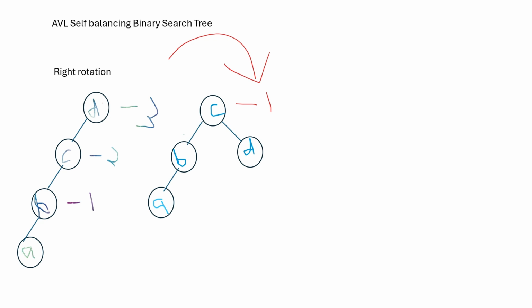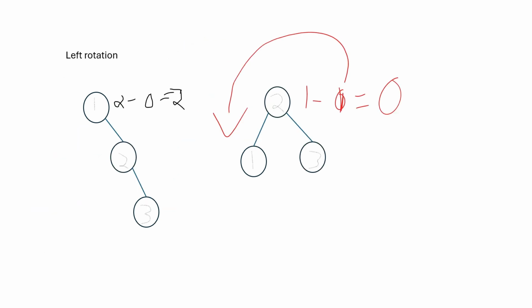So it has 2 left children and 2 right children. It's still a -1 balance factor, so it's left heavy, but it's balanced. You want to keep it within -1, 0, or 1. That's a right rotation. The left rotation is the opposite.